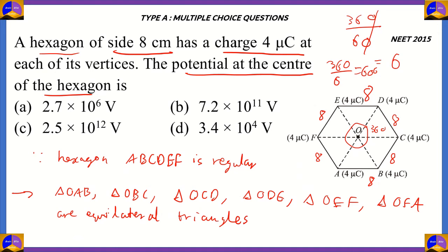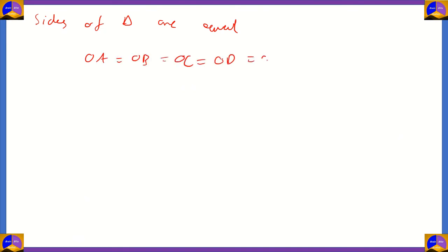So since it's an equilateral triangle, the sides of the triangle are equal. So using that, all of the diagonals that are OA, OB, OC, OD, OE, as well as OF are equal to 8 centimeters, which we can write as 8 into 10 raised to minus 2 meters.